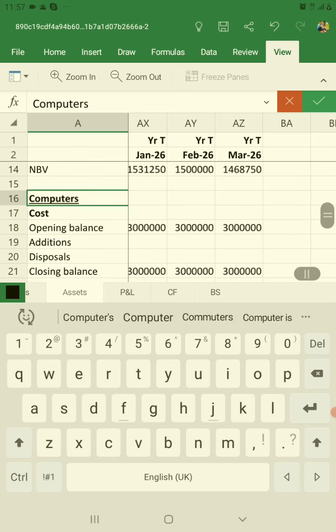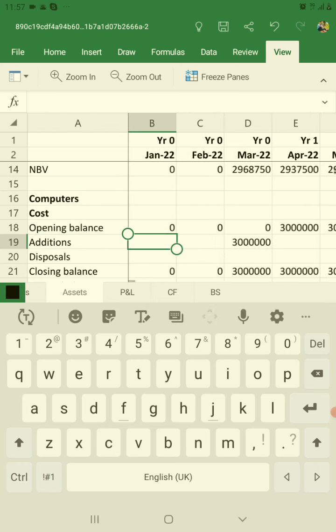So we have cost element. For additions, let us assume that the computer will be for the shop manager, and the shop manager starts engagement in January for setup.